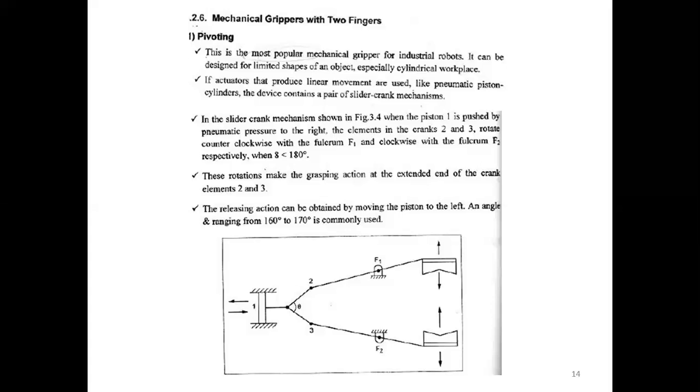These rotations make the grasping action at the extended end of crank elements 2 and 3. The releasing action is obtained by moving the piston to the left. An angle ranging from 160 to 170 degrees is commonly used. That is F1 and F2.